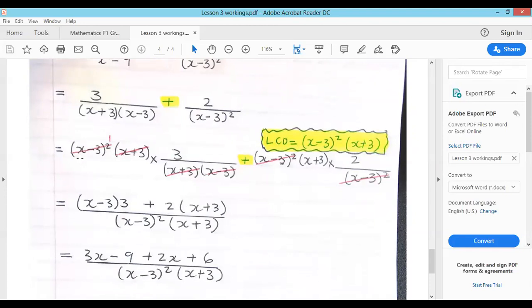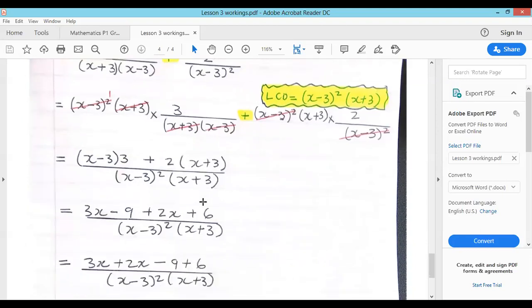But remember, here you had x minus 3 all squared, whereas here it's x minus 3 only, so one x minus 3 will be remaining. No wonder I've inserted 1 with a red pen. Going to the other term, you also must multiply your LCD. This will cancel that, and what's remaining will be x plus 3.